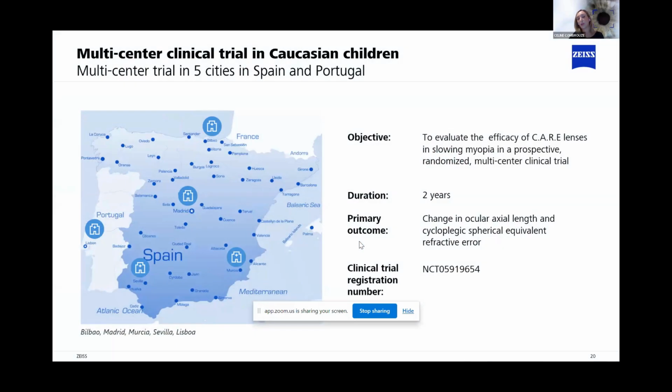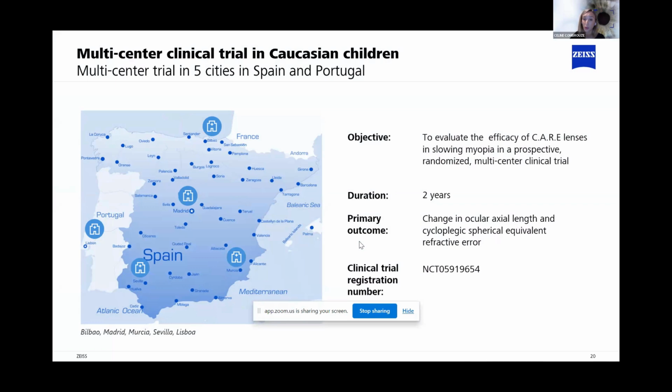We said previously that the myopia progression is dependent on country. We know that the heart of the fight right now is in Asia for many years, and we know that it's coming worldwide, but we don't have that much data. So we are doing a study in Europe. This one is a multi-center trial in 5 cities in Spain and Portugal.